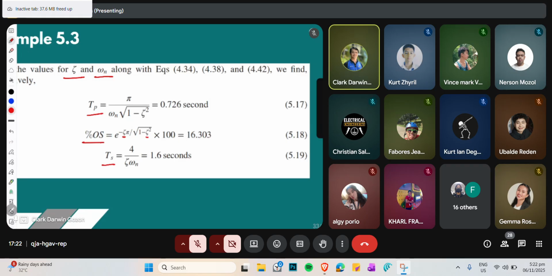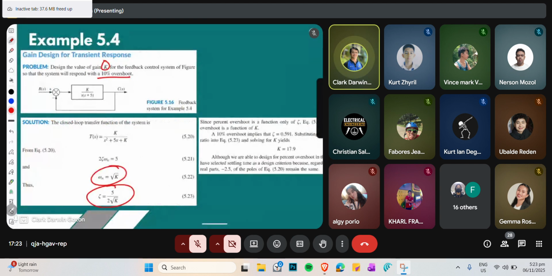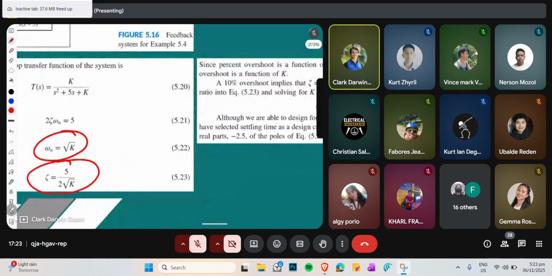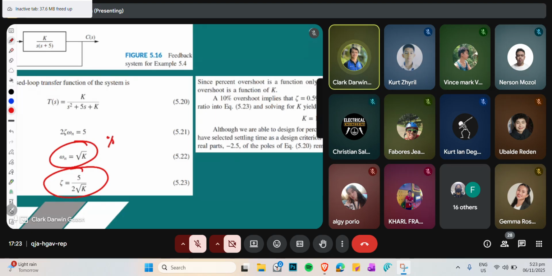So, if we rewrite it here, the percent overshoot OS is equal to e to the negative damping ratio times pi over the square root of 1 minus damping ratio squared.